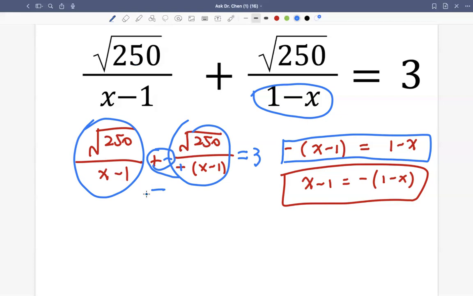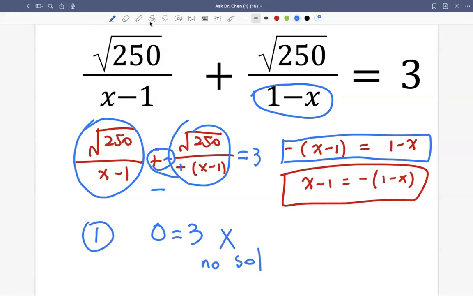Something subtracted from itself becomes 0. So this is saying no solution, right? No value for x should ever make this equation true. So this is one way to look at it.